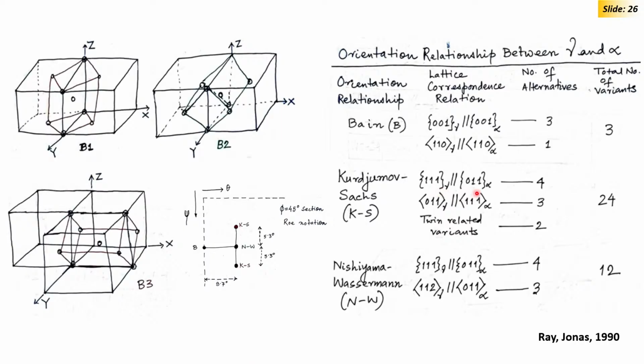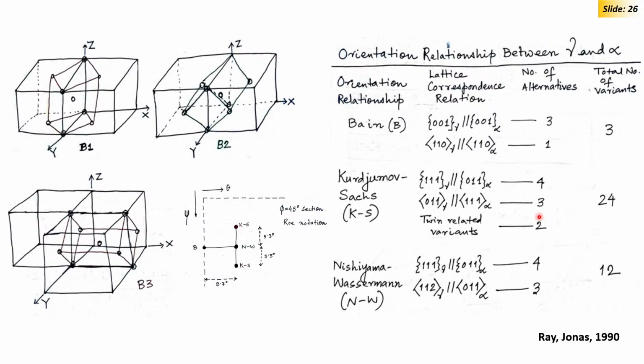So, in the orientation relationship I have mentioned, there are 4 such plane relations, there are 3 such directional relations lying on those planes, and for each direction there are 2 twin related variants.